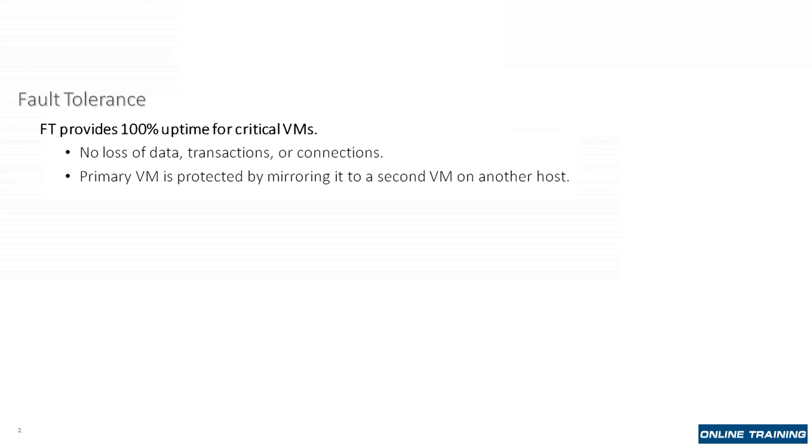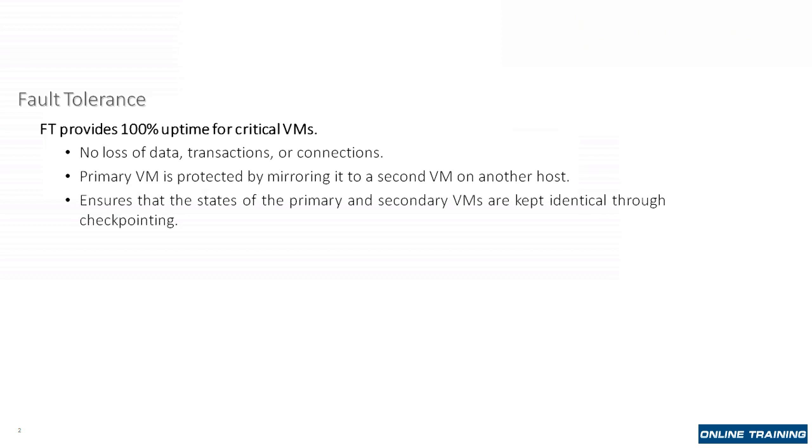So there's going to be multiple running instances for that virtual machine that ensures that they're always going to be exactly identical. And there's essentially what we call a hot standby, right? There's another copy of this VM running on another host, ready to take over at all times.